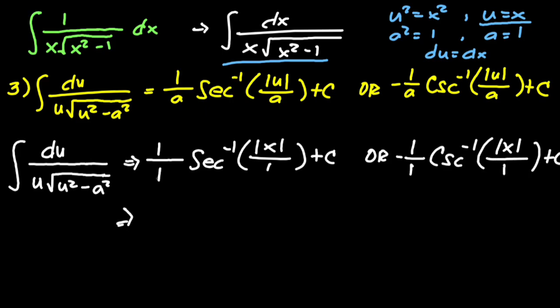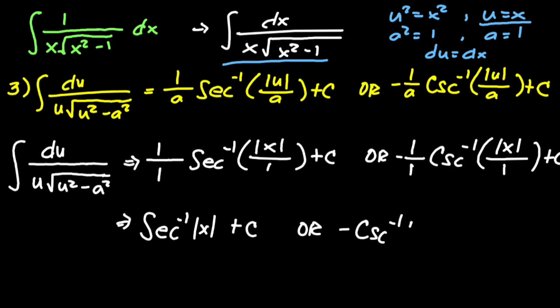Now let us simplify this. Our answer will become arcsecant of the absolute value of x plus c, or negative arccosecant of the absolute value of x plus c. This can either be the answer.